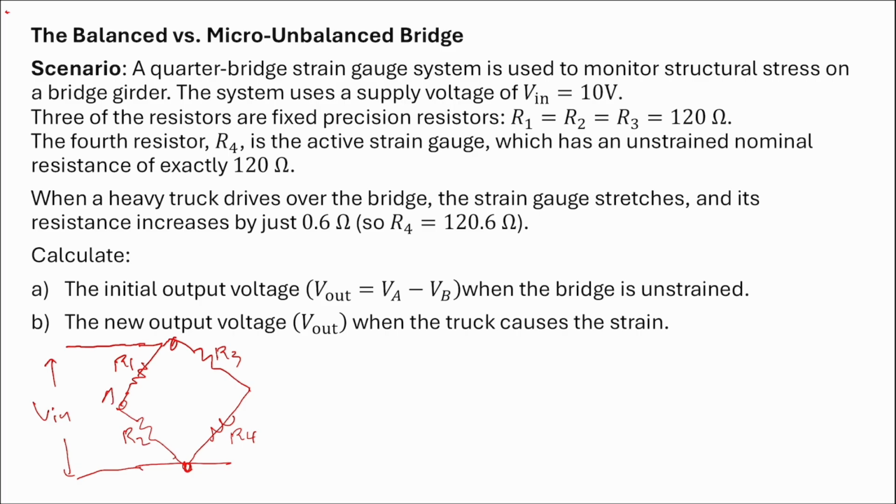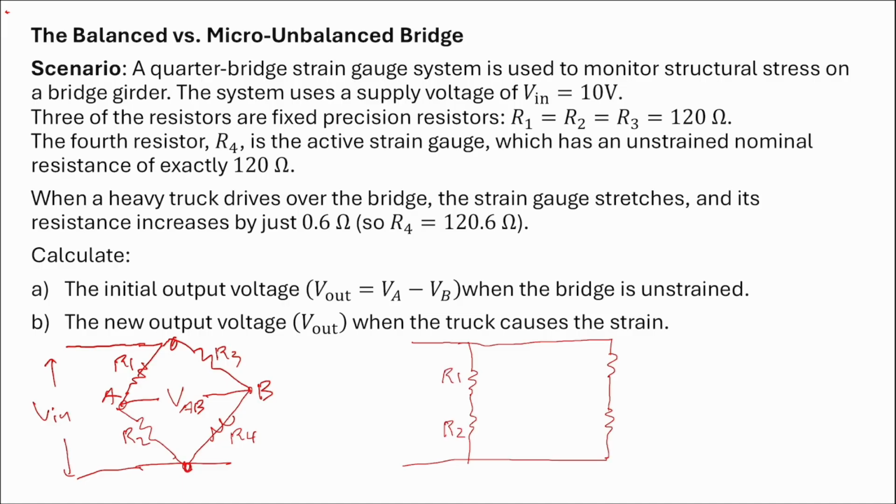And this is A point, B point, and from here, this is V_AB. Now, a better way to see this one is, actually, you can look at it as two potential dividers. So these two circuits, they are equivalent.